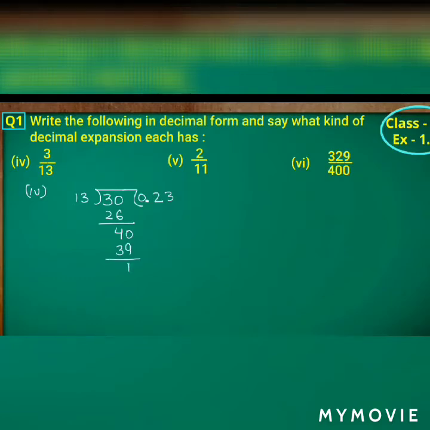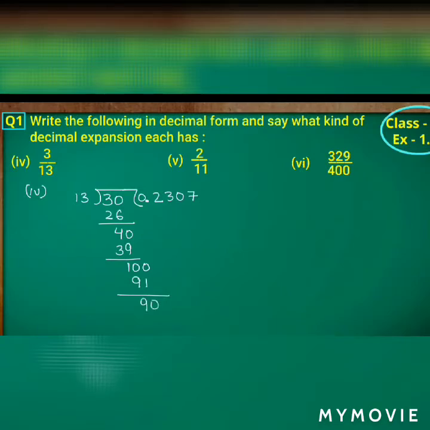Since 1 is less than 13, again I'll take 0. That is again less than 13, so I'll take 2 zeros. So the nearest value to 100 is 13 sevens are 91. The remainder here is 9.